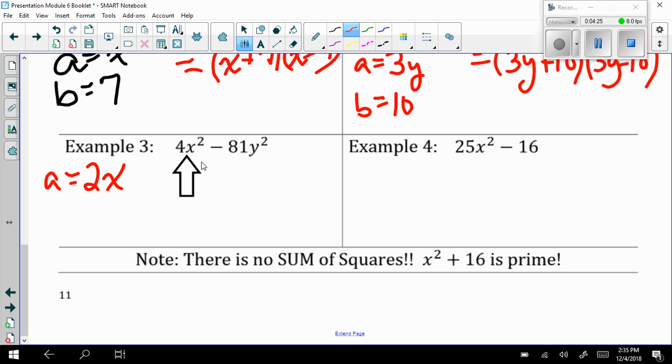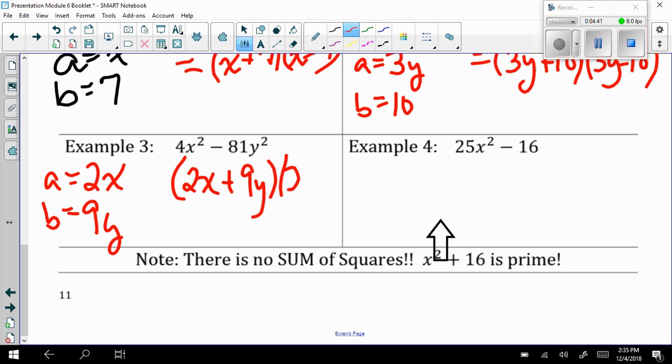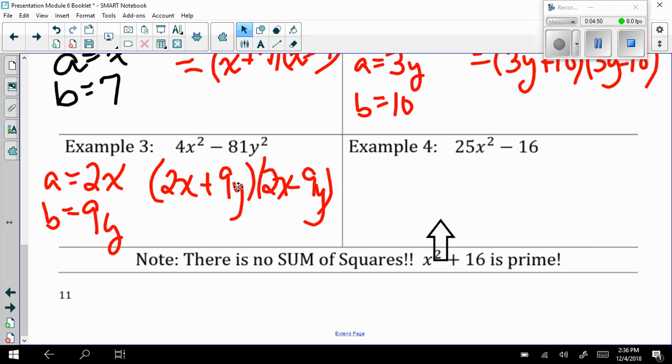To find my b, I'm going to look to this. Square root of 81 is 9. Square root of y squared is y. And then a plus b, a minus b. And that's it.